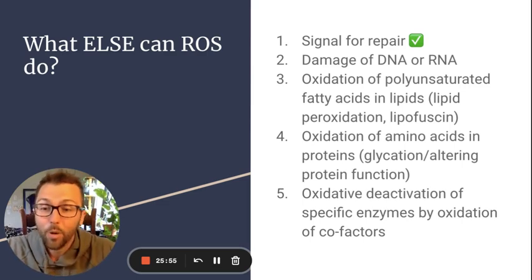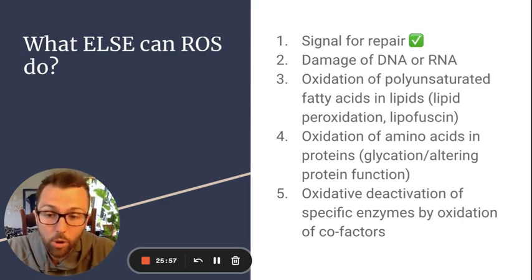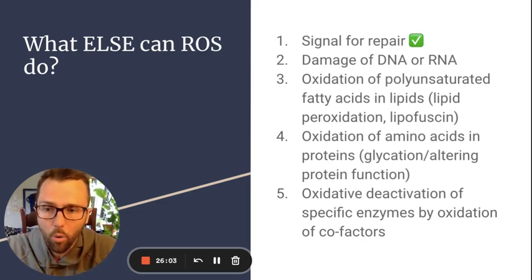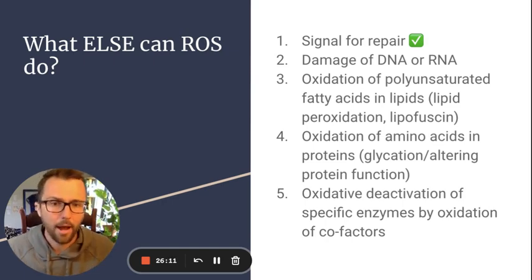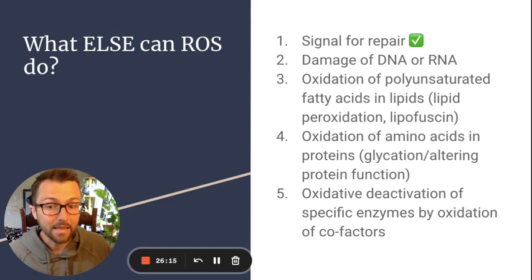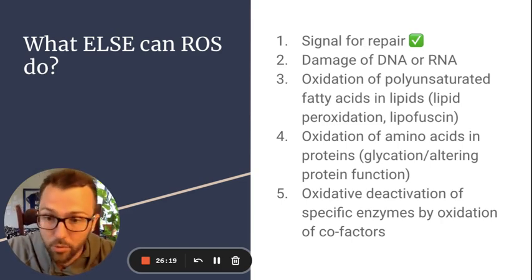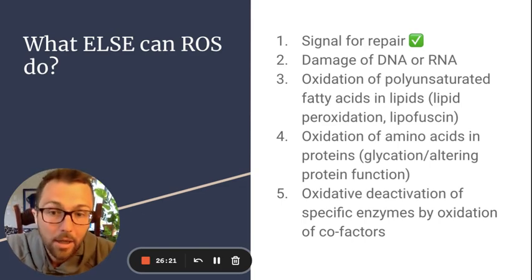But when we think of things in the long term, what are the implications and the potentials of these ROS when they've kind of been left to their own devices, right? What's like the mildewy, moldy house after the house fire? And it is pretty extensive for humans, right? So signal for repair, that's a good thing.